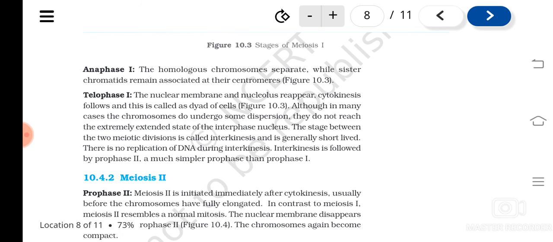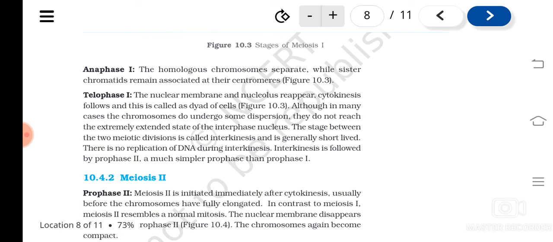Then it is telophase 1, which is the opposite of prophase. The nuclear membrane and nucleolus reappear, and cytokinesis follows. You can see a dyad of cells will form. Dyad means two cells. The chromosomes again start their decondensation. They form chromatin, but it won't reach the extremely extended state of the interphase nucleus.